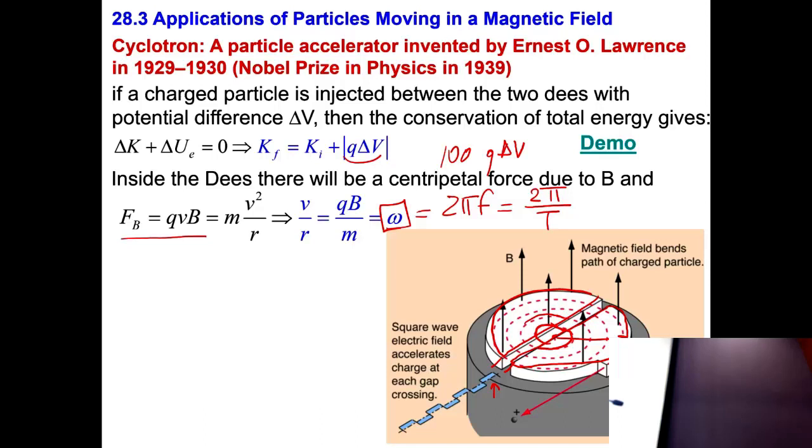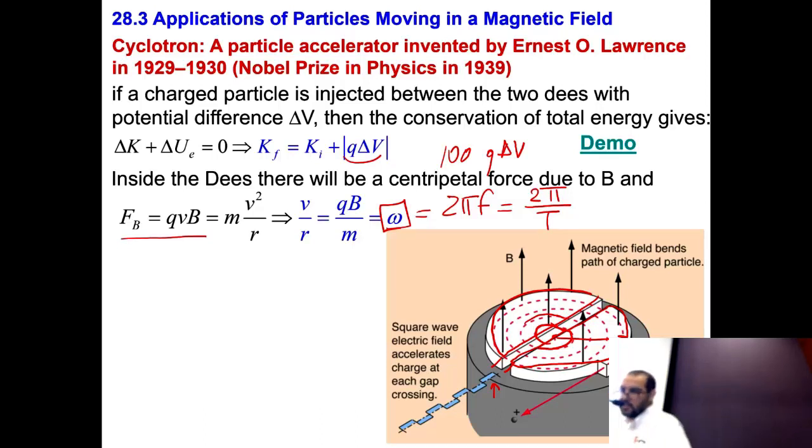This is very important, otherwise you will not be able to sync with this electric field. If it's not constant, that means this electric field frequency or periodicity has to change. So we are able to do it for protons because we can sync. Unfortunately, for electrons, you cannot do that because they quickly reach speeds that are close to the speed of light, and the mass starts to change.